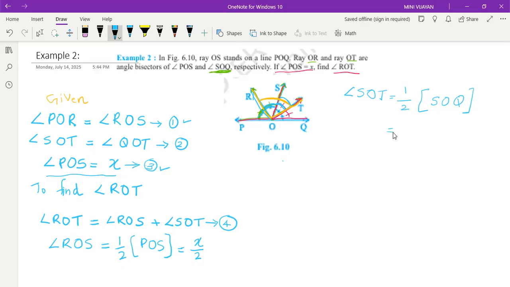Now tell me how to write the measure of SOQ. You have to use these three given conditions and write what is the measure of SOQ.